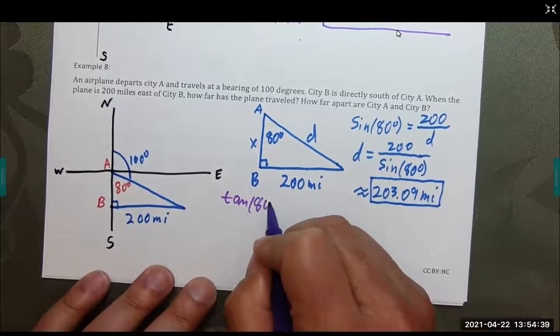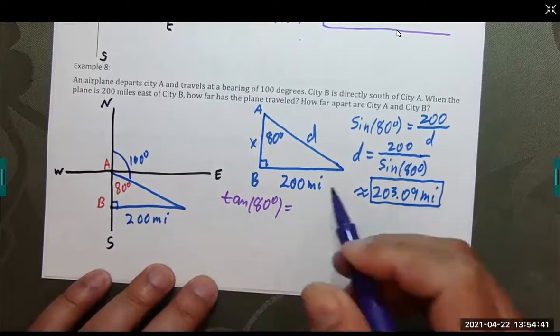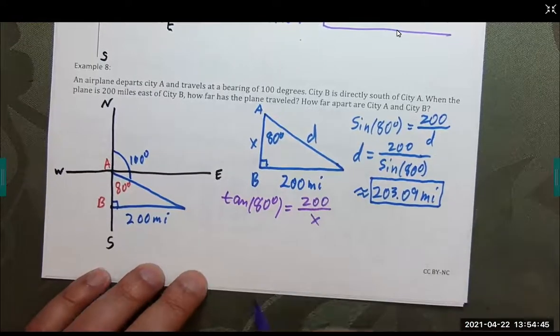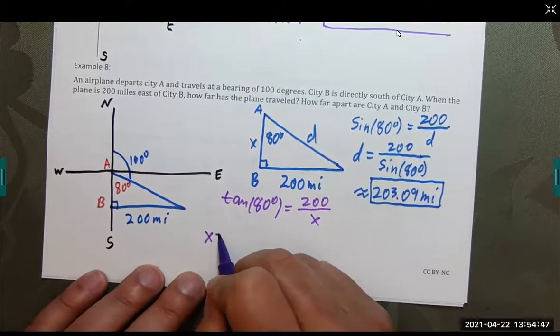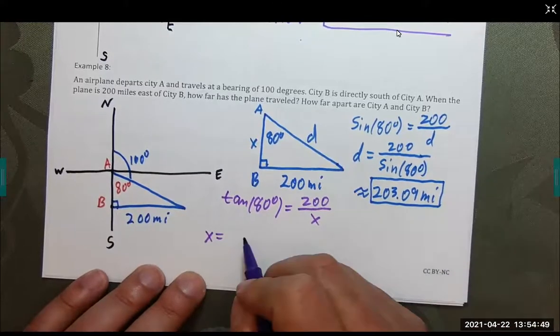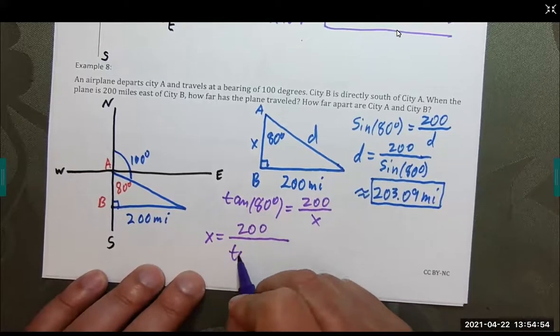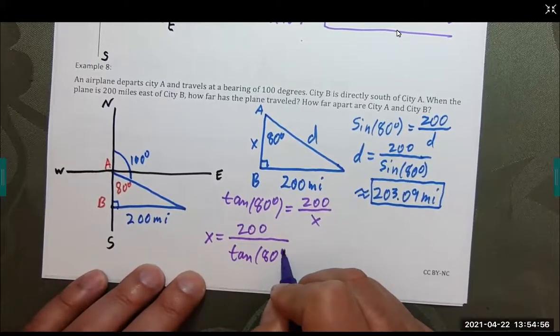Tangent of 80 degrees is the opposite, 200 over x, which means that x is 200 divided by tangent of 80 degrees.